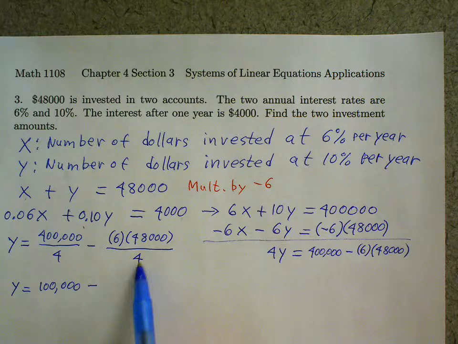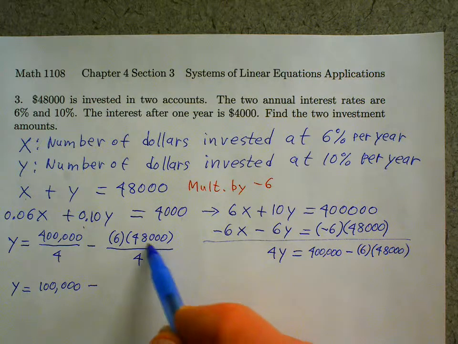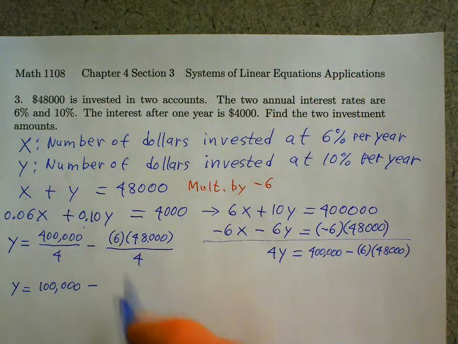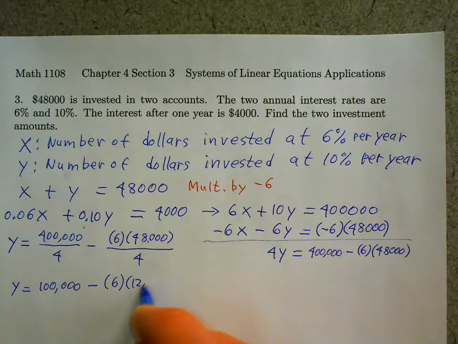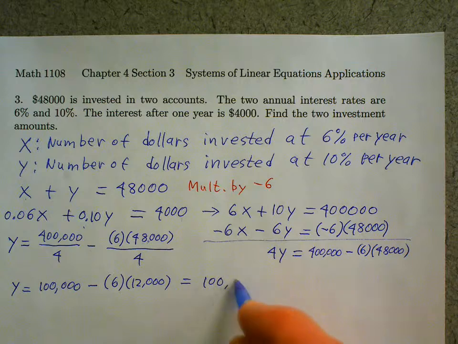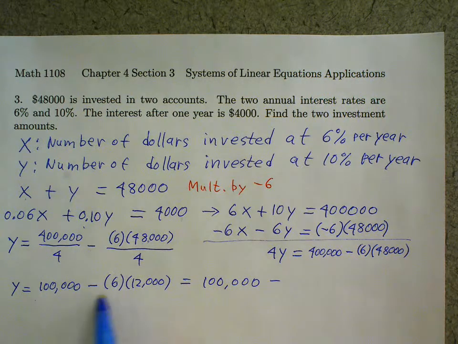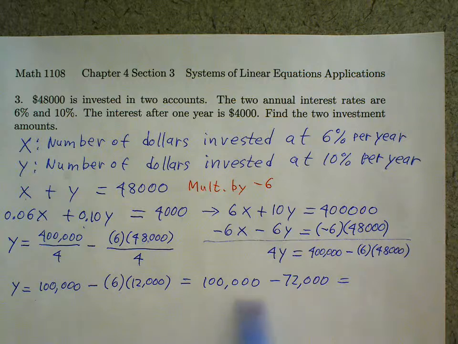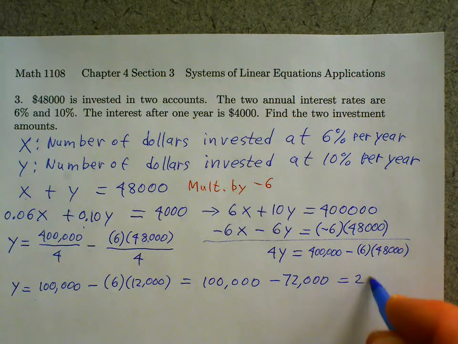And here, 4 goes into 48,000 12,000 times, so this is the same as 6 times 12,000. 100,000 minus 72,000 is 28,000.